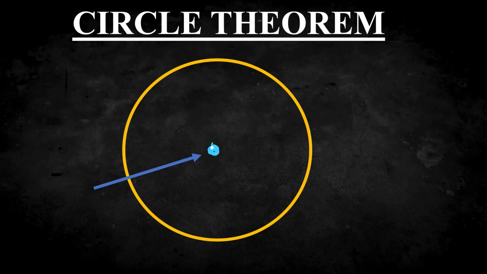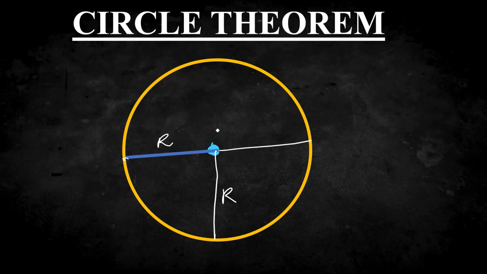The center is very important for a circle. Once we know the center, we can locate our radius. From the circumference to the center, we have the radius. We can have another radius here, one here, and one there also.